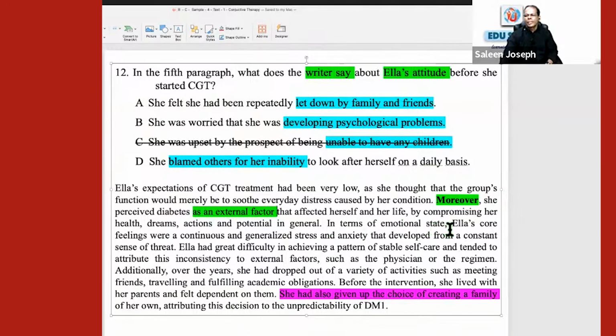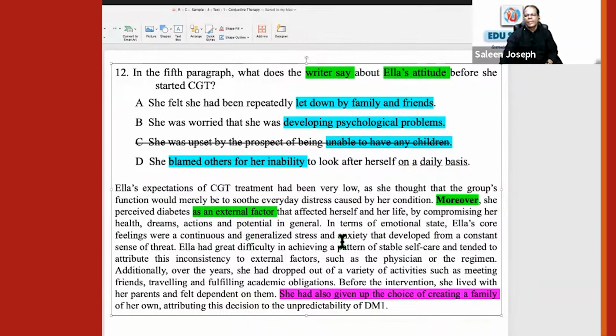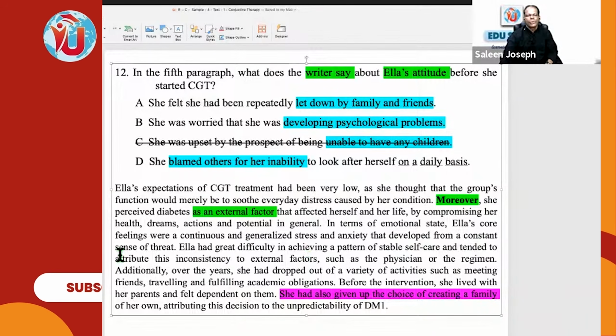In terms of emotional state, see Ella's attitude, Ella's core feelings were a continuous and generalized stress and anxiety that developed from a constant sense of threat. Threat is external or internal? External.